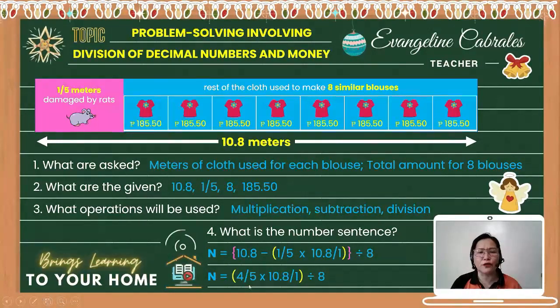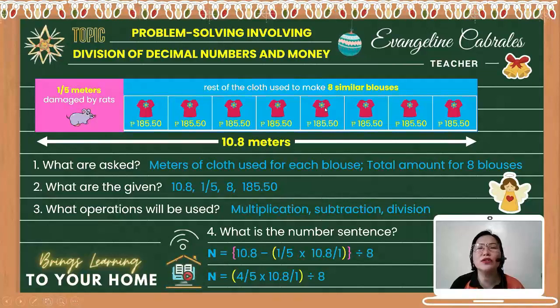Saan galing ang 4/5? Ito yon. Hindi ba 1/5 yung sinira ng daga? So, kung 1/5 ito, nangangahulugan na itong kabuuang telang ito, yan ay 5/5. Yan ang fraction form nitong telang ito.